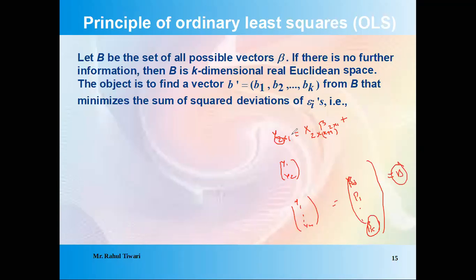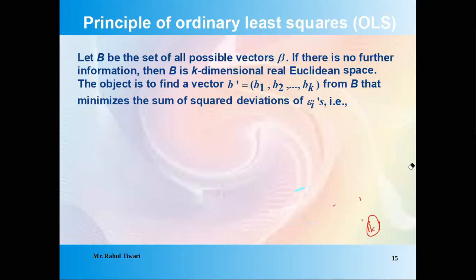But if there are 3, you have to just imagine, it is not possible to draw for 3. So think about 3, 4, 5. You have to understand how it works in the Euclidean space. That is a small concept of Euclidean space, but it is not much required. You just need to understand it.